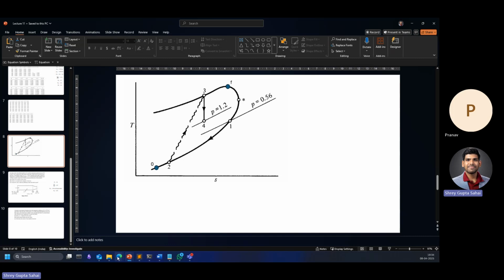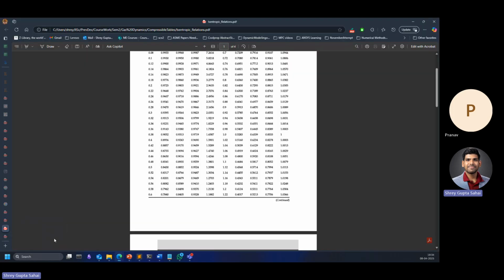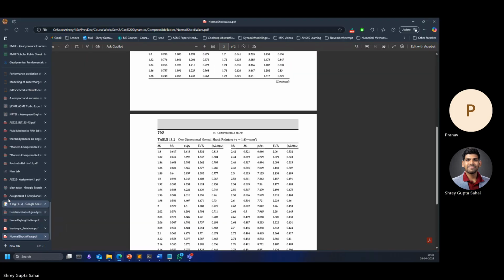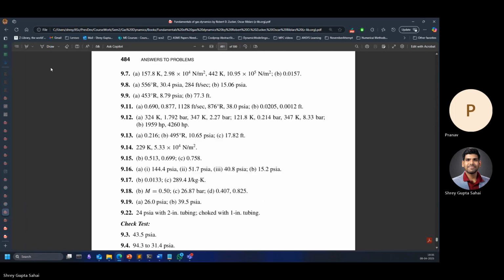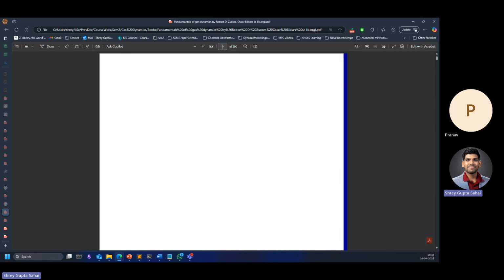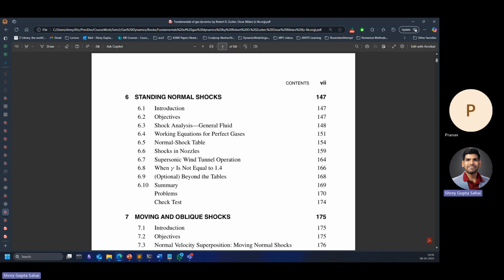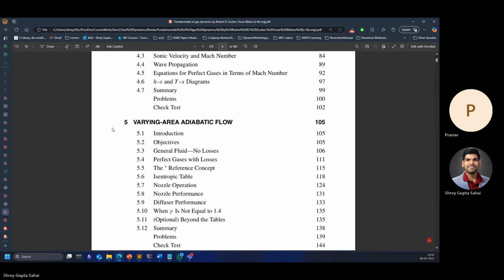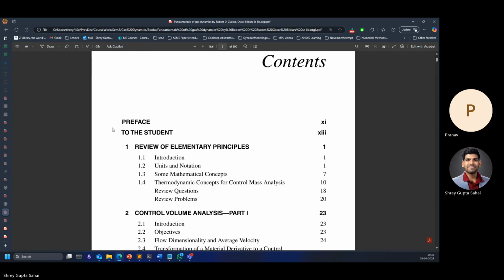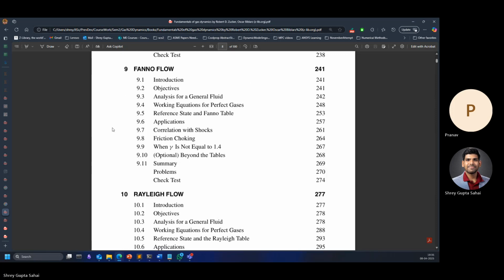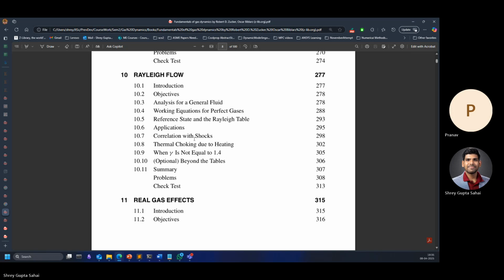Okay, so let me open that book. Look at the Gasdynamics, page 77.